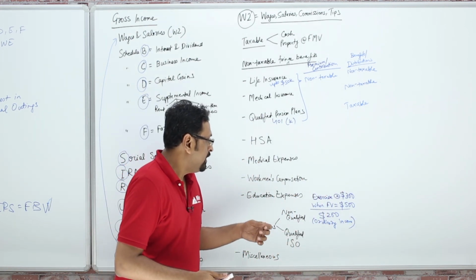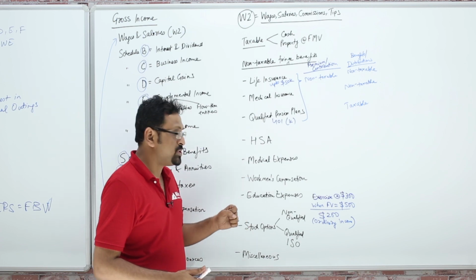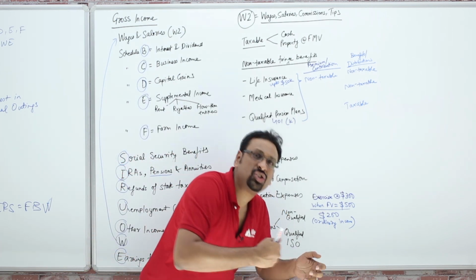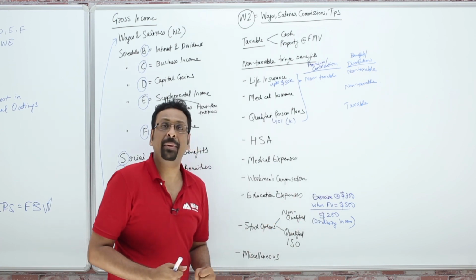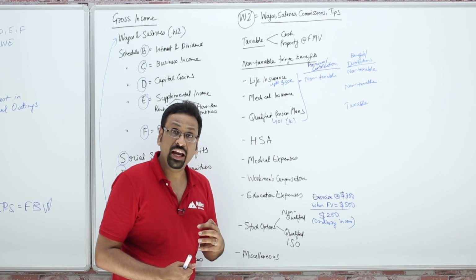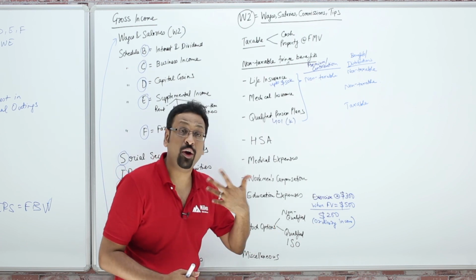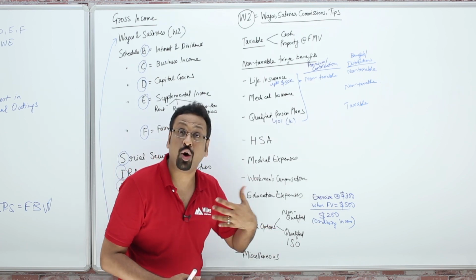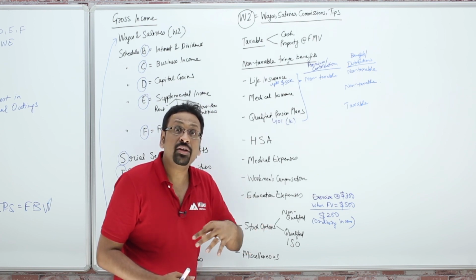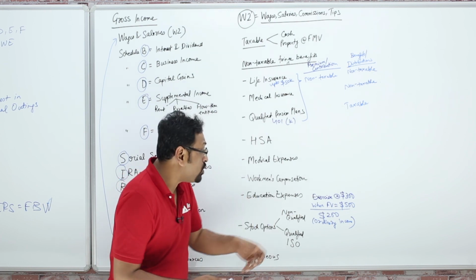So if you realize, there was no tax on the stock option on the grant date, it's only when the employee exercises the stock option that the employee pays tax. However, if the stock option is a qualified option, it's called a qualified incentive stock option. In that case, the employee does not even pay taxes on exercise.